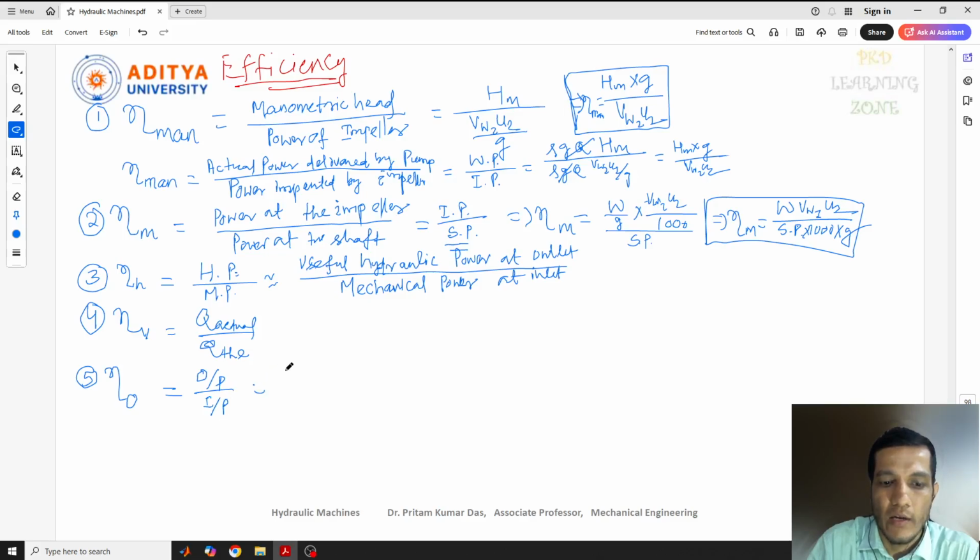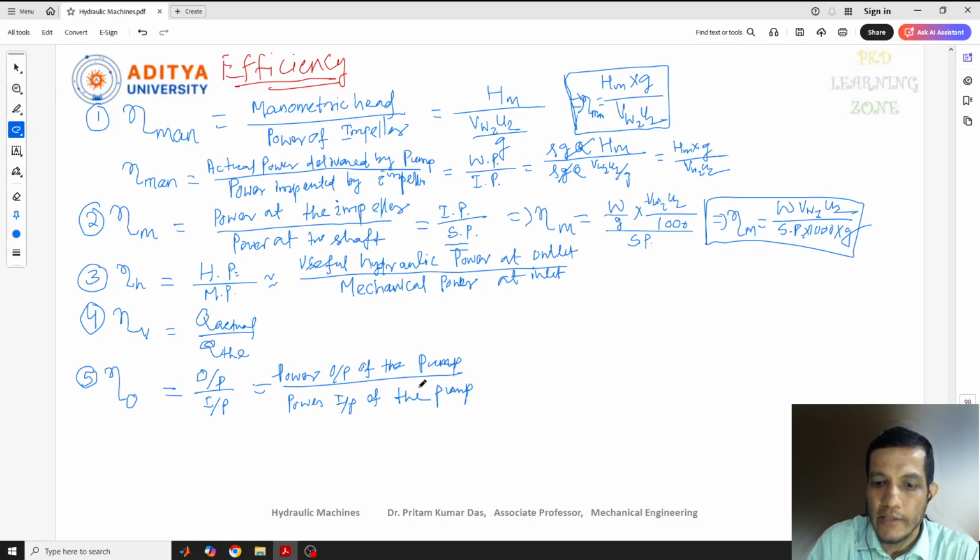So similarly we can write power output of the pump by power input of the pump. Okay, this one we can write in this way, or I'll tell you one thing, one more is there.